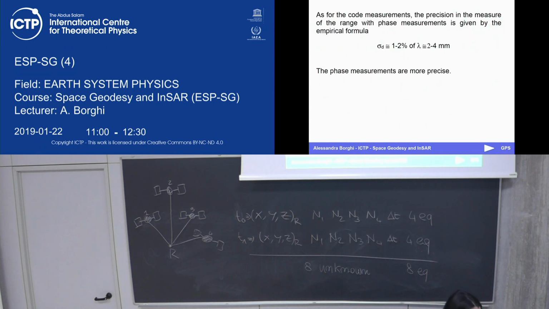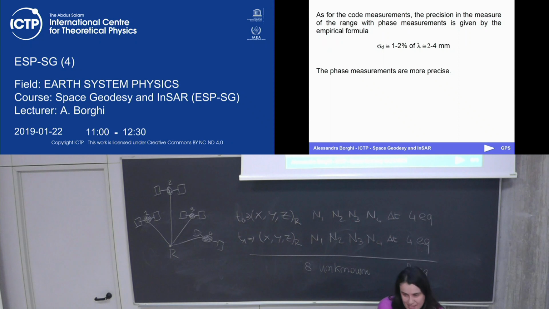The same empirical rule that we have seen for the code measurement can also be applied to the phase measurements. We have that 1–2% of the wavelength, and I remember that the wavelength is 19 or 24 centimeters, depending on whether we use L1 or L2. This standard deviation is 2–4 millimeters. So you can see that the phase measurements are more precise, and they are the measurements used for geophysical applications.